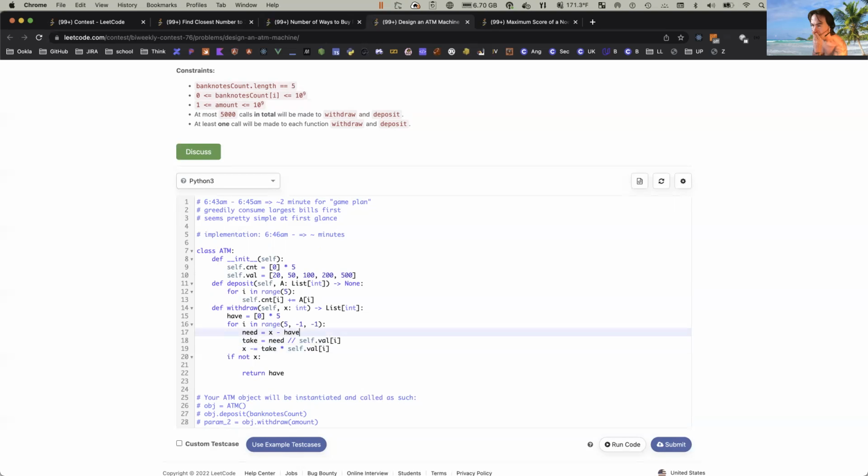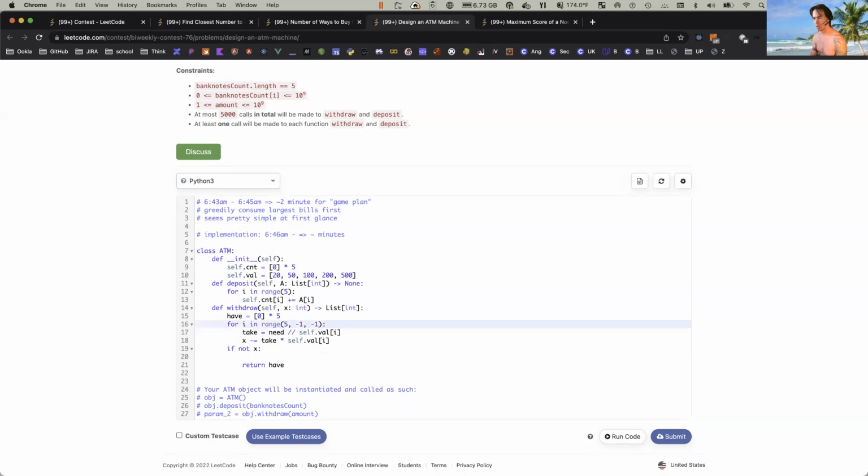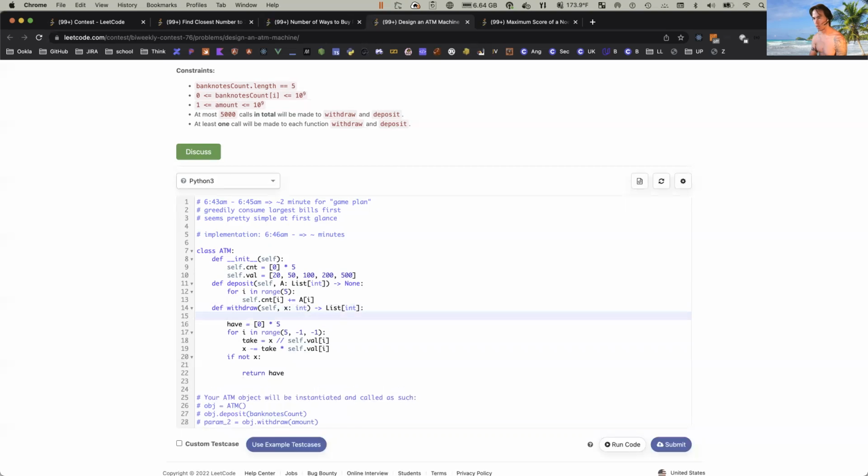Have, need is x in this case. Need equals x.